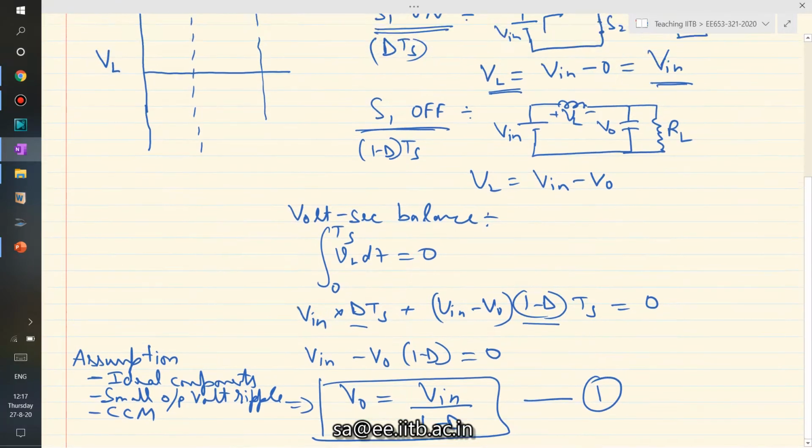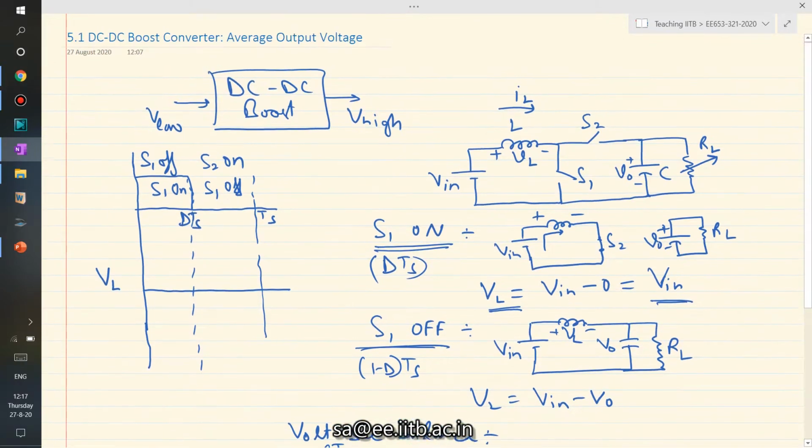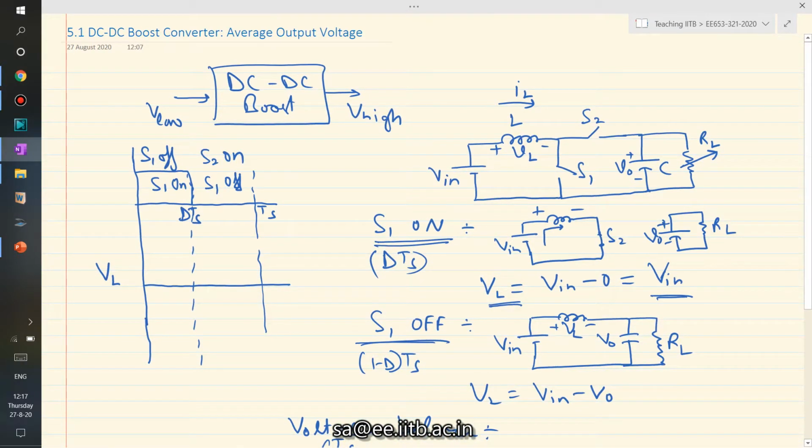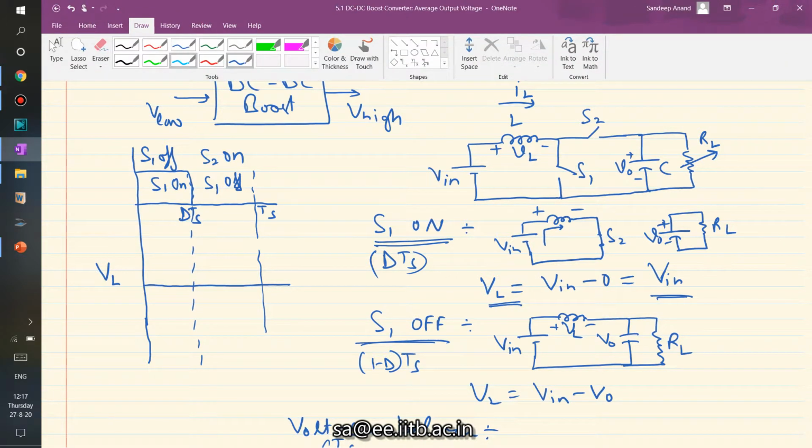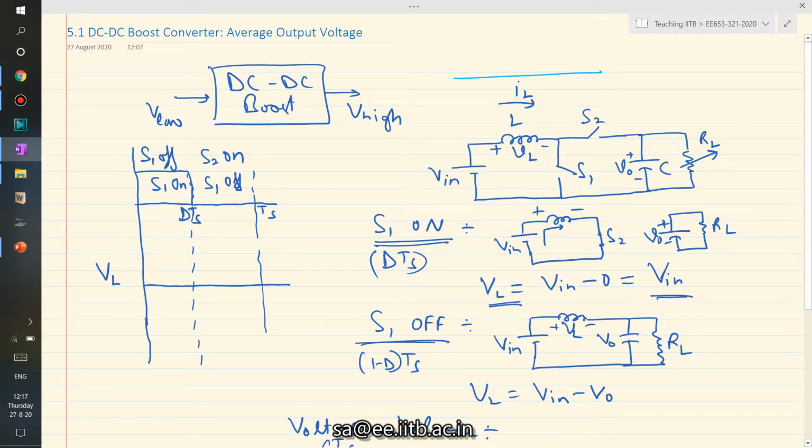One more observation you can make is that if you look at the circuit the other way around, from the right side to the left side, how does it look? You have a source, let's say of value Vo, then two switches, then an inductor, and then an output. Looking from right to left, it looks like a buck converter, which we have already studied.